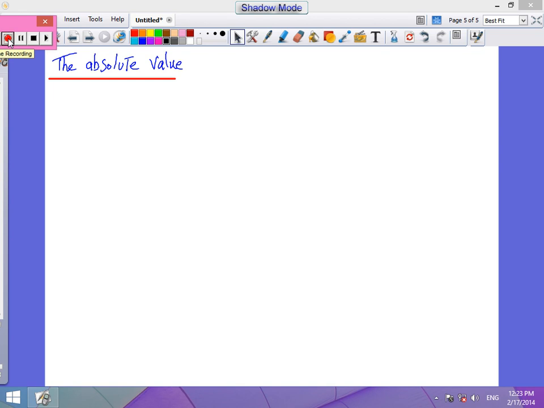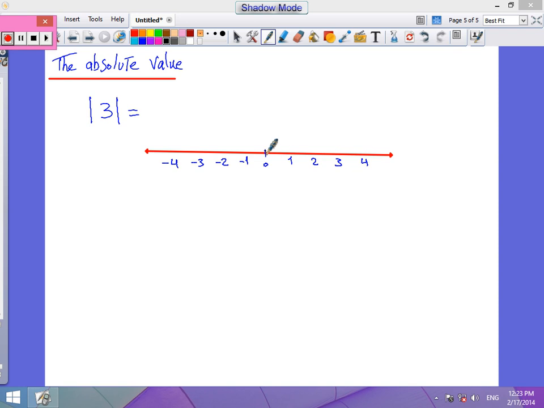Now, let's start with the absolute value of numbers. For example, if we have the absolute value of 3, the absolute value of 3 equals what? Let's use a number line. On the number line, the absolute value of 3 is the distance from 0 to 3. Let's count the distance between them: 1, 2, 3.